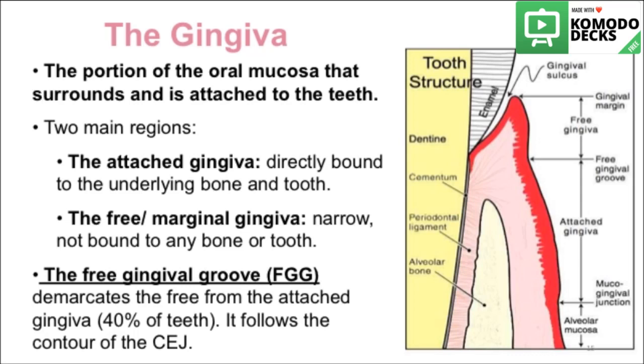A free gingival groove is here, as you can see in this area, which demarcates the free gingiva from the attached gingiva, and it's present in 40% of teeth. It comes at the junction, at the level of the cemento-enamel junction.